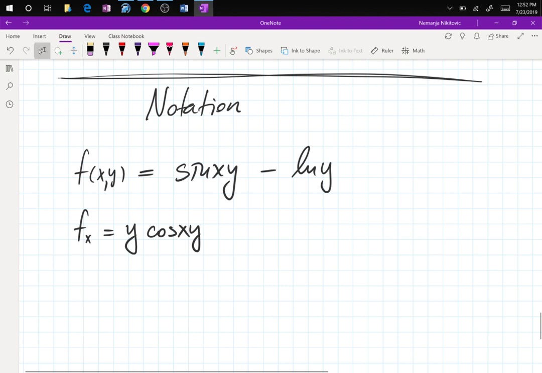Now, there is the other notation that you can use, which is Leibniz notation, and you can rewrite this as partial f partial x is equal to the same y cosine xy. So that's another way to denote the same thing.